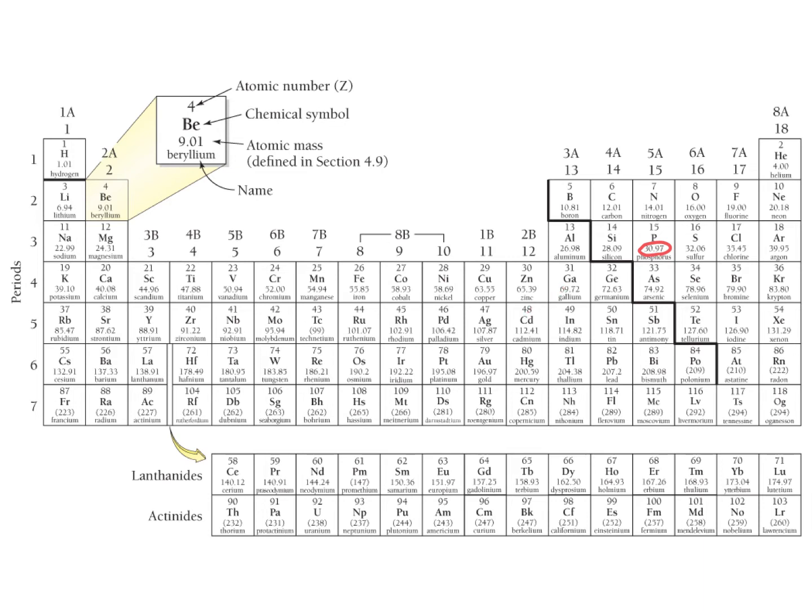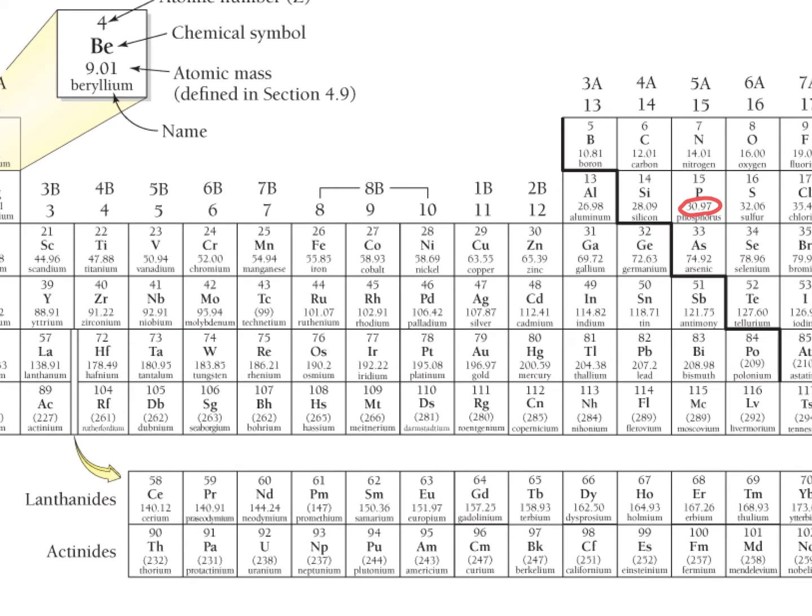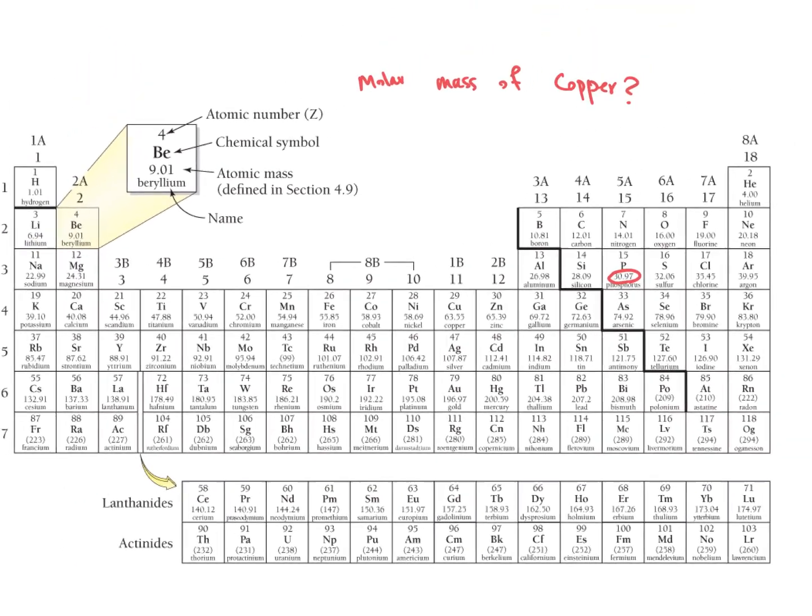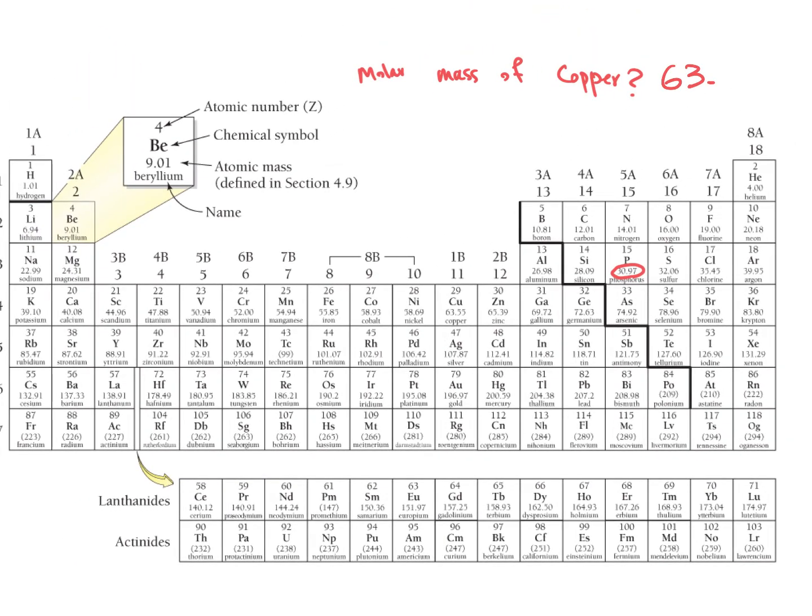What is the molar mass of copper? Exactly, gram per mole. So if I tell you the molar mass of copper is 63.55 atomic mass unit, AMU, the unit is not correct.